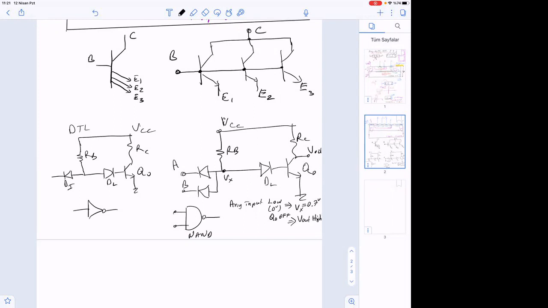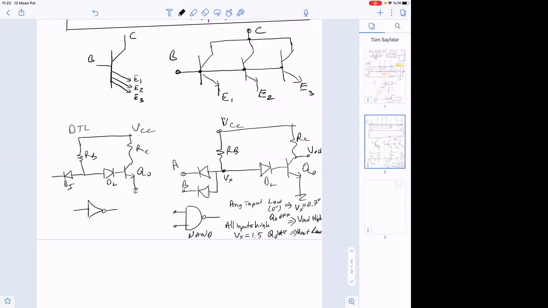Okay. So all inputs high, then Vx is 1.6 volts, or sorry, 1.5 volts, because this will be on. And then Q is SAT, QO on, therefore Vout low.